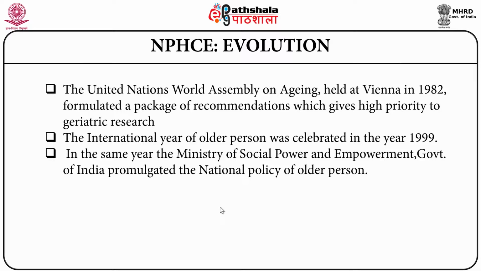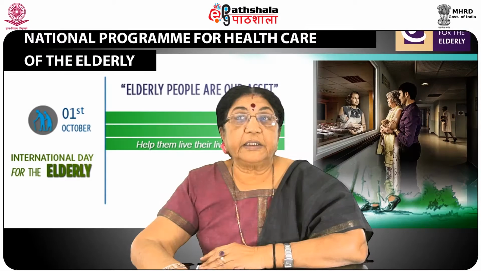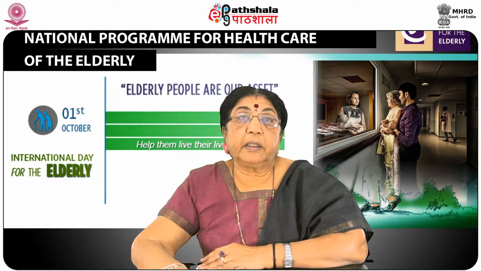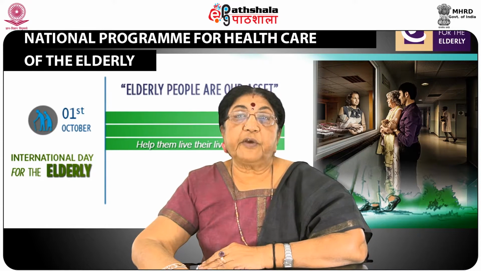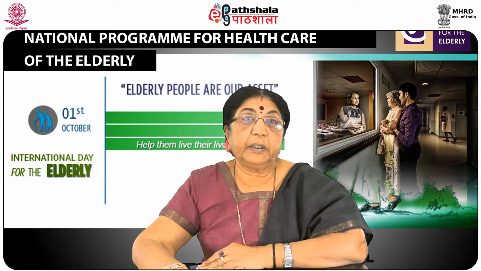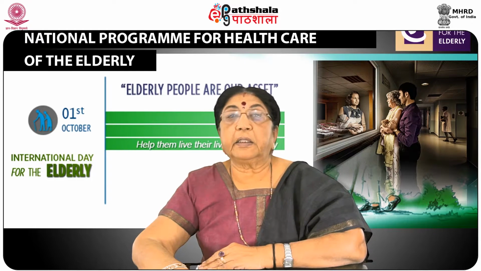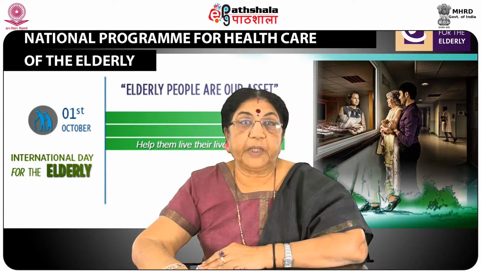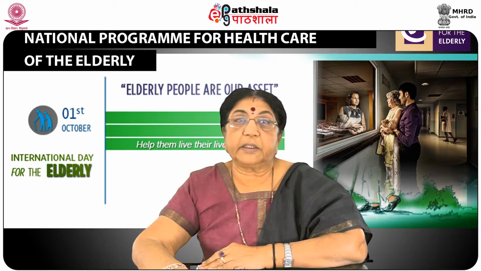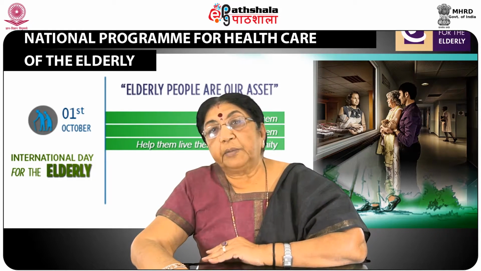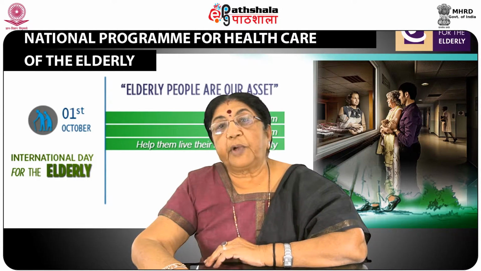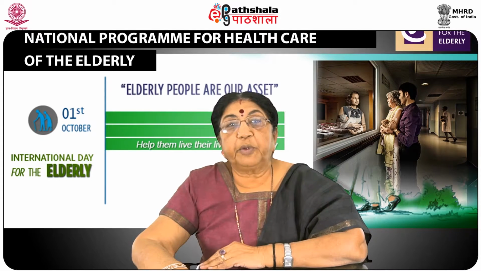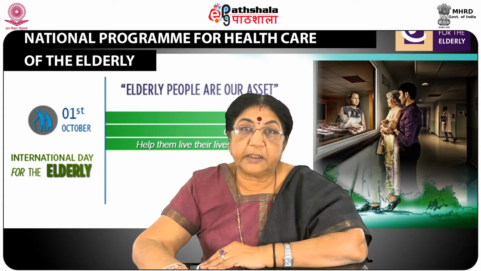Now, the moment this was given out, all the countries started paying attention to the geriatric population, and thus in 1999 we celebrated the International Year of the Older Person, and in the same year the Ministry of Social Justice and Empowerment of India promulgated the National Policy for the Older Person. In fact, in 2006, a working group of the Planning Commission recommended a national program in 2007 for the maintenance and welfare of parents and senior citizens.